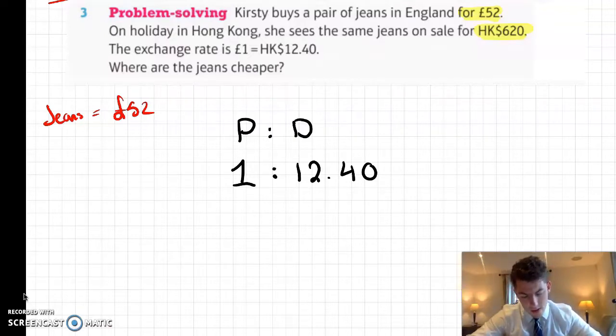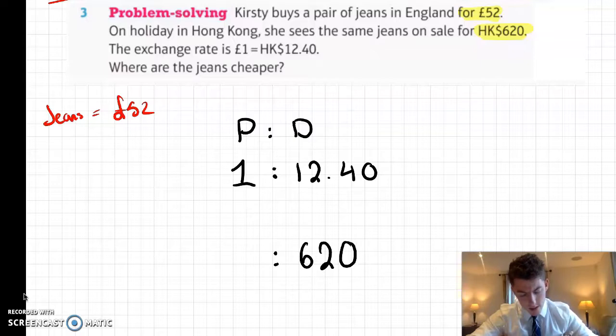So we need to know, well, what is the conversion rate for our jeans? Okay, so our jeans in Hong Kong cost us 620.